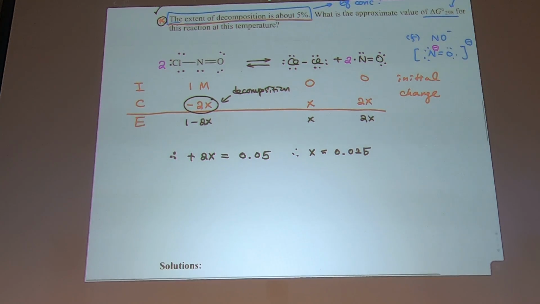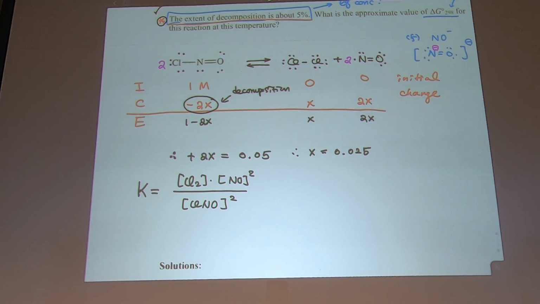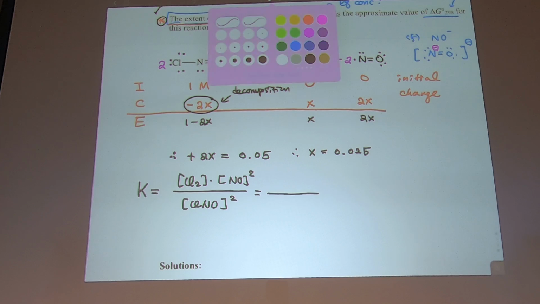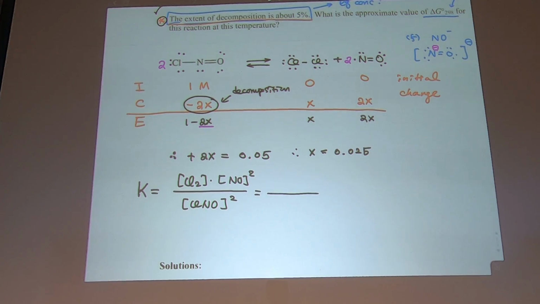So then I'm in business, because K is the product, chlorine times NO squared, over ClNO squared. This is a definition, and then what do I know? The ClNO value is 0.95, this one is 0.025, and this one is 0.05. That's your equilibrium concentration.